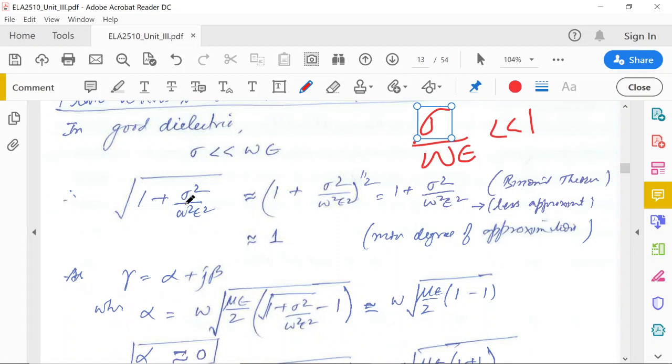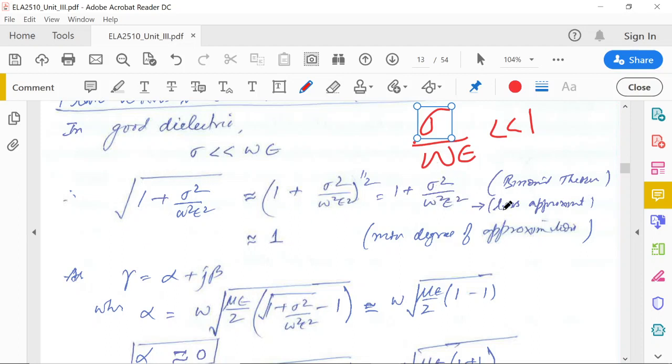For the factor 1 plus sigma squared over omega squared epsilon squared, you can use the binomial theorem to expand it. Because this quantity is less than 1, you can expand it and stop at the second term. There will be higher terms, but you can ignore them because the square of a smaller value becomes much smaller. So this is an approximated value of this factor.